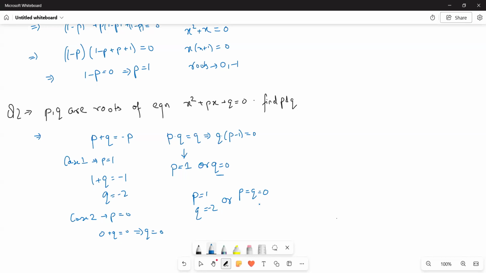You have taken p as 0 in case 2, but q should be 0. Sorry. It still gives the same thing, but yes, correct. Q is equal to 0, so p plus 0 is equal to minus p, which will give us 2p is equal to 0, therefore p is 0. Okay, so we still get the same thing, p is equal to q is equal to 0.